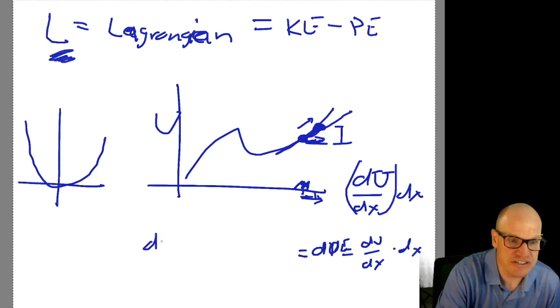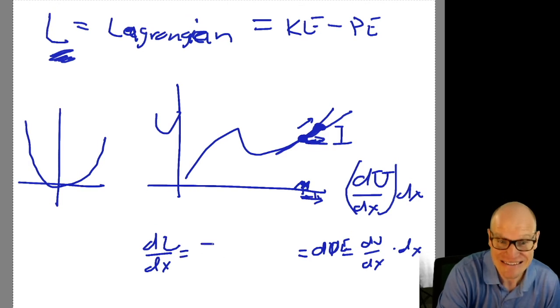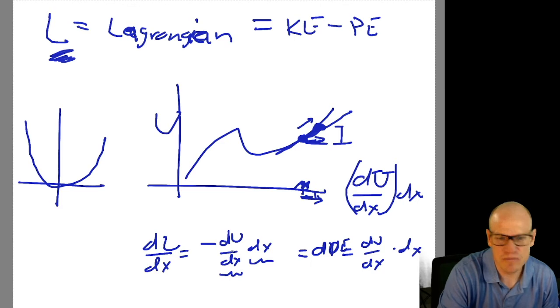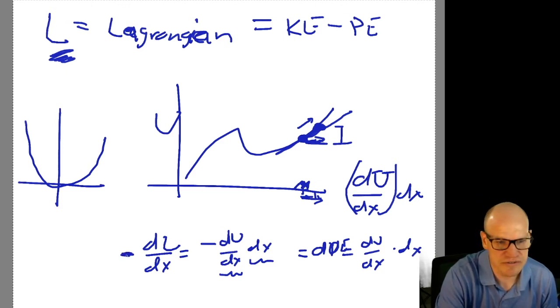The change in the Lagrangian with respect to that displacement is equal to minus the change in the potential with respect to that displacement. So that's minus du dx times dx. This is the slope, and that is the displacement. Or in other words, I can just put this minus sign over here.